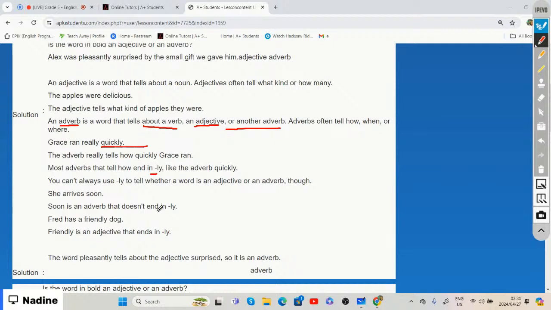For example, when will she arrive? Soon. Soon is also a word that tells us when she will arrive. It doesn't necessarily mean that we need to use ly, but usually we use ly when we want to say how.